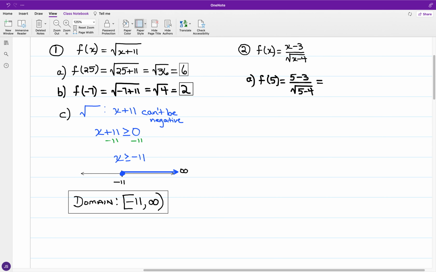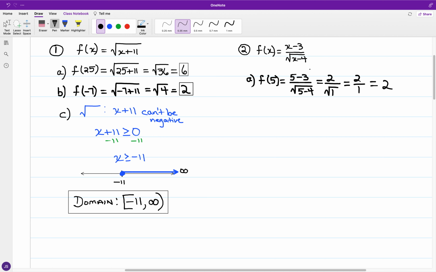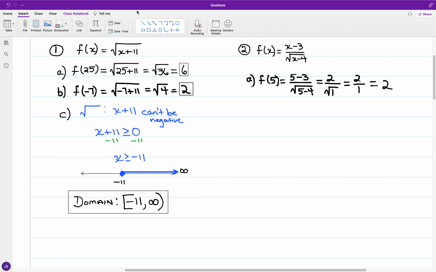Following through, we have the difference of 2 in the numerator. In the denominator, we have the square root of 1, and the square root of 1 is only 1. And 2 divided by 1 is equal to 2. So 5, 2 will be a point on the graph of this particular function.